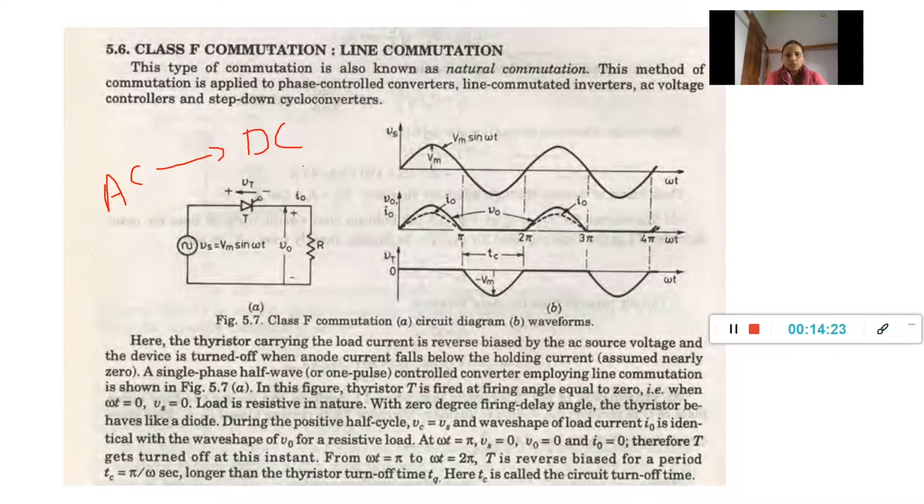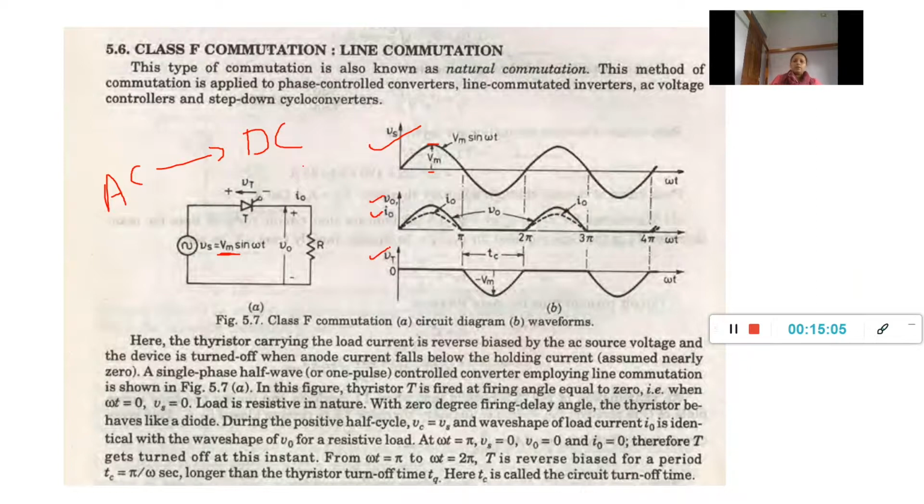This is the supply waveform Vs, where Vm represents the amplitude of the source voltage waveform. This maximum peak here is the Vm value. The next waveform is the V0 and I0 waveform, and the last one is the voltage across the thyristor waveform.